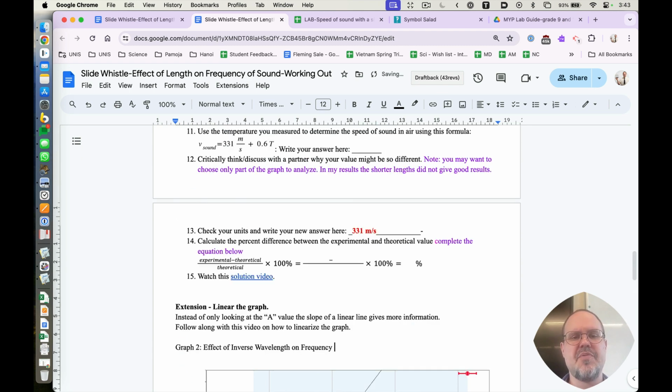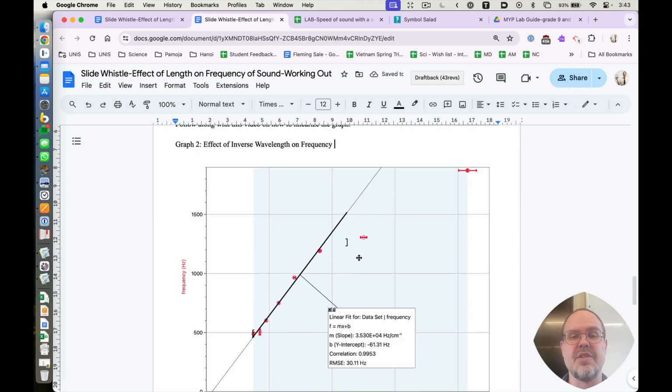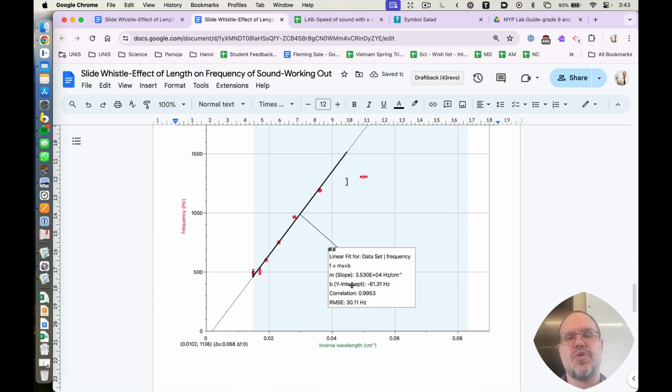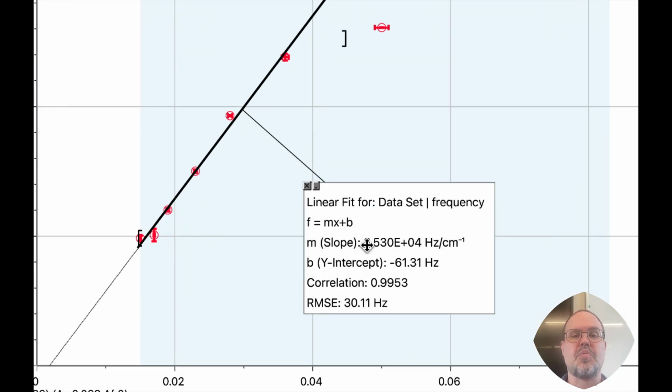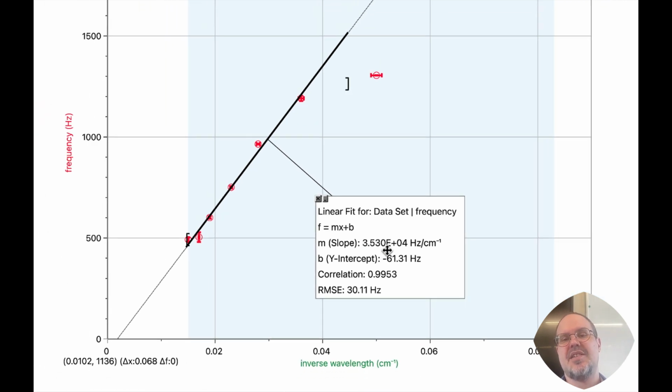And we're going to do the same things that we did here, but we're going to use the slope instead. The units here also, at a higher level, I want you to see if these units make sense, because the slope should be the velocity. Right here we have hertz per centimeter to the minus 1.